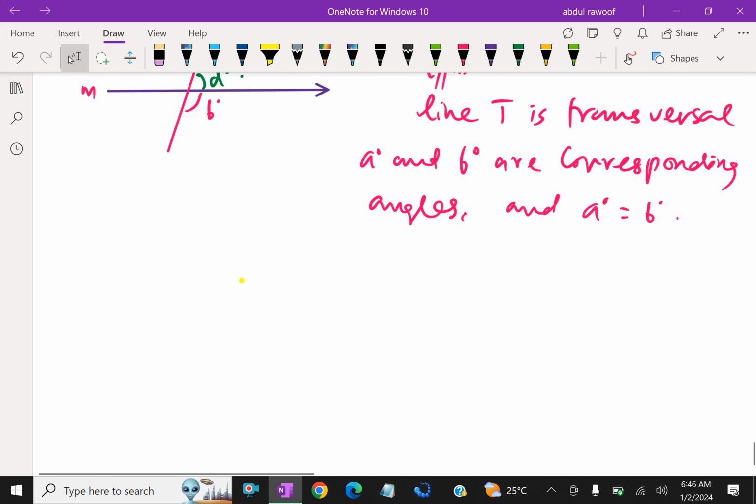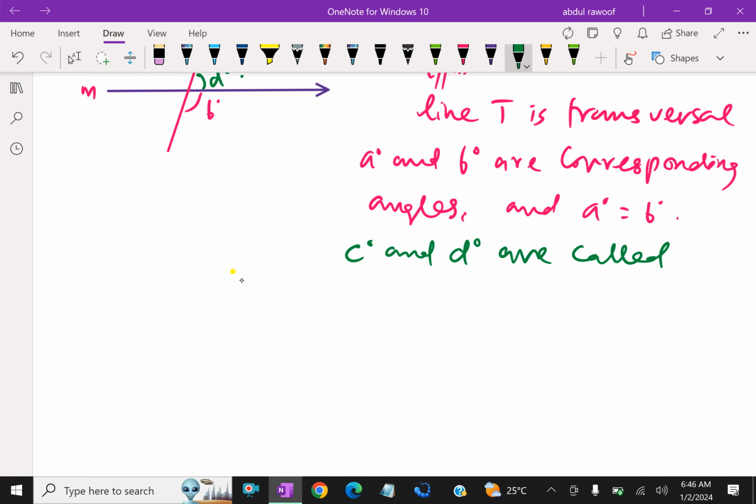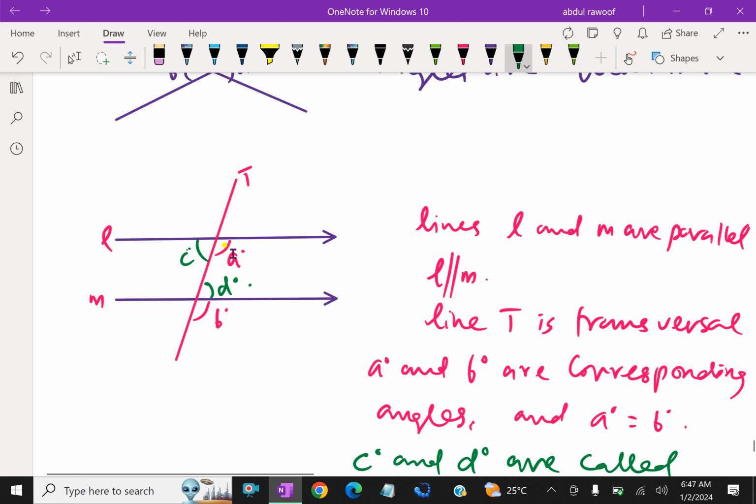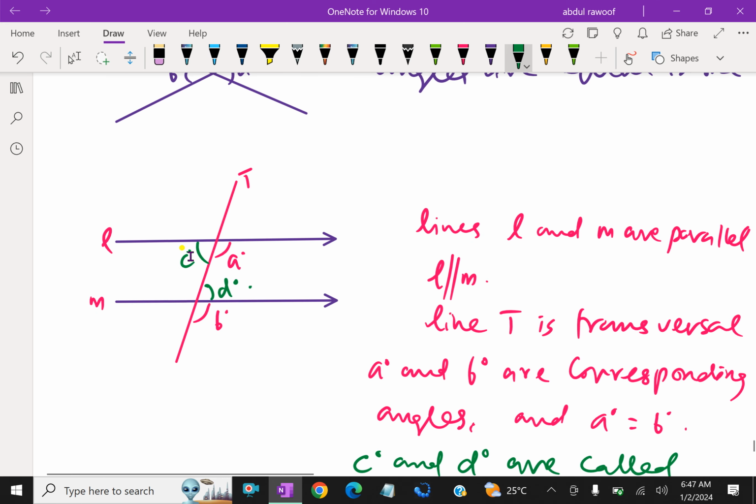Then here, angle C and angle D are called alternate angles. And those are equal. Angle C equals angle D in size. That means corresponding angles A and B are equal and alternate angles C and D are also equal.